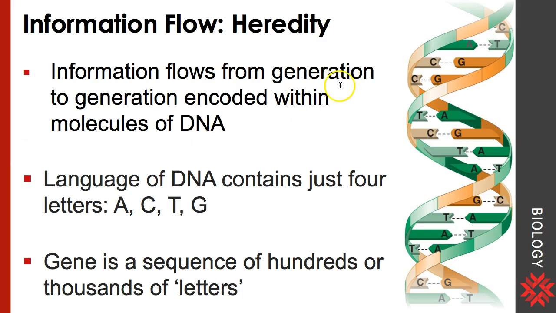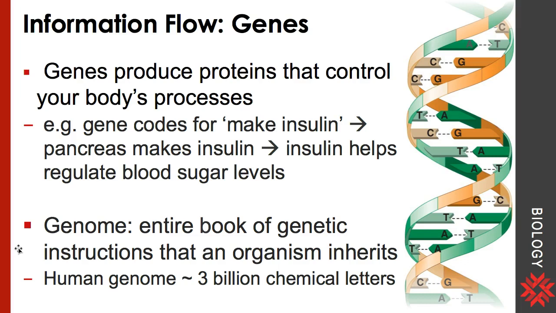This slide here just explains what I was just talking about. We've got 4 different letters inside of our bodies that communicate in terms of genes, and that's what's going to tell our body what to do. Again, proteins are what's going to actually be made when we read the genes.